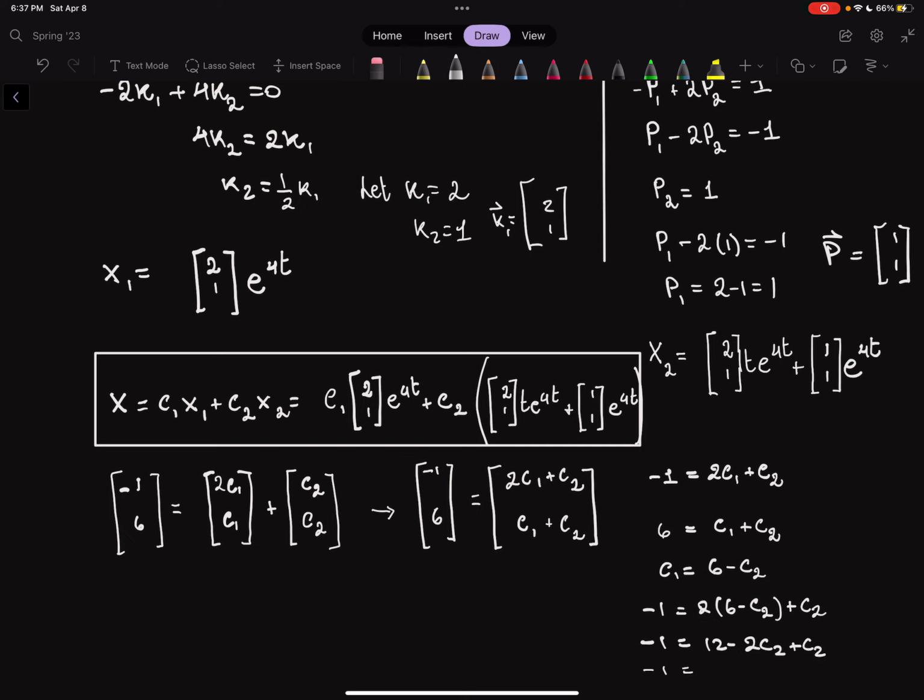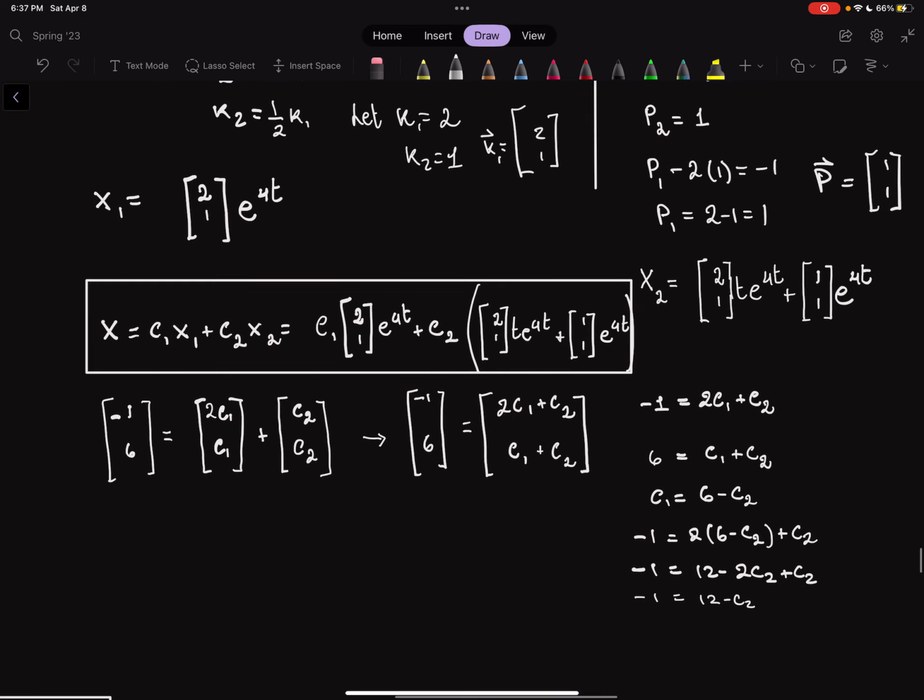So -1 is equal to 12 minus C2, or C2 is equal to 13. Now, if I plug that back at the top, I get C1 is equal to 6 minus 13, which is equal to -7. So these, assuming I didn't make some mistakes, should be our answers.